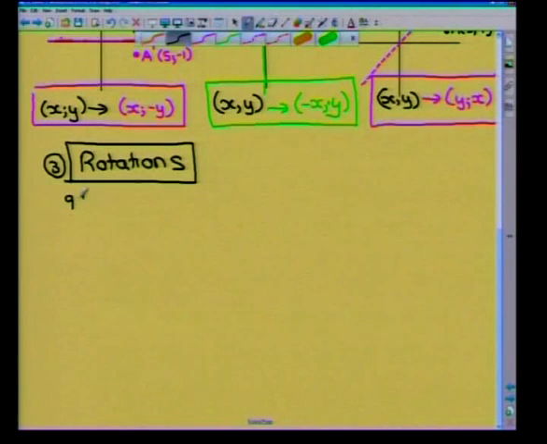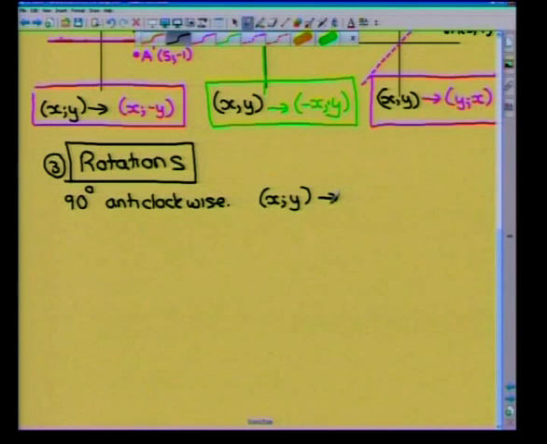So, okay, let's talk about these traditional ones. Let's talk about 90 degrees anti-clockwise. Now, what I'm going to do is give you the rule, and then I'll show you on the drawing how we come up with this rule.